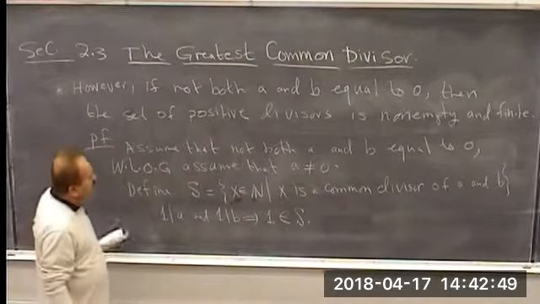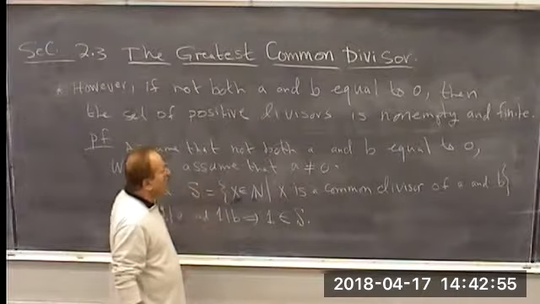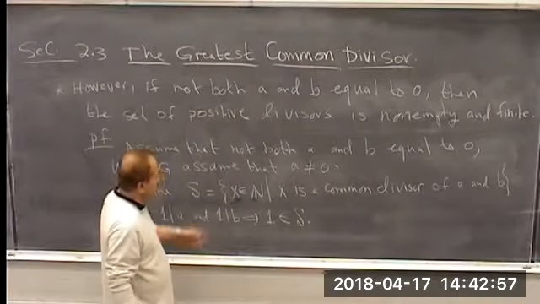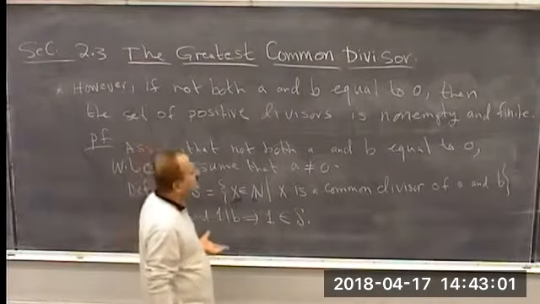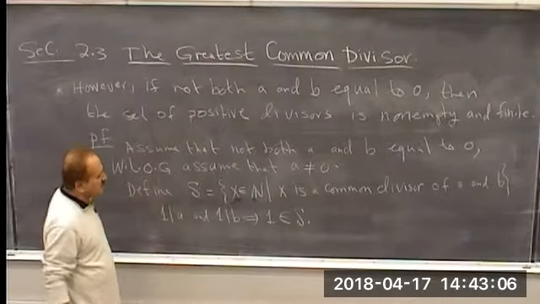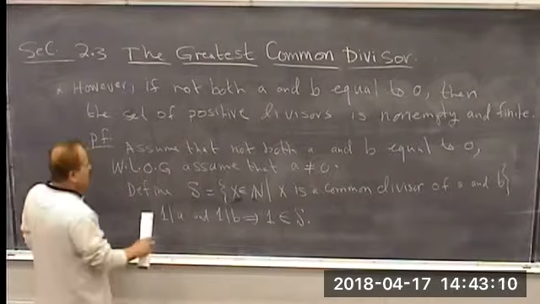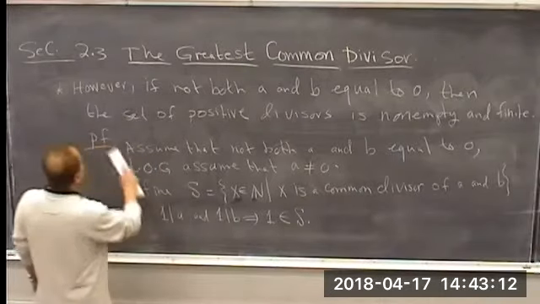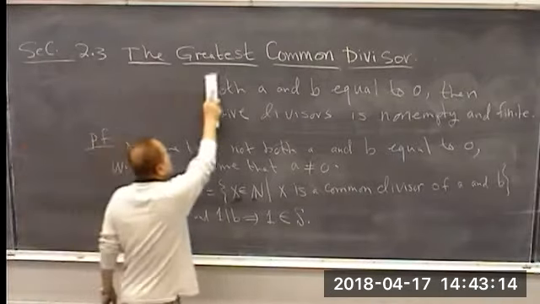The next thing I want to show is that the number of these positive common divisors is finite. In fact, we're going to show that this set is bounded above. To do this, let's assume that x is a common divisor, meaning it belongs to this set.